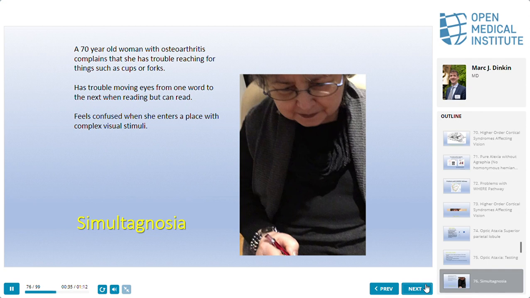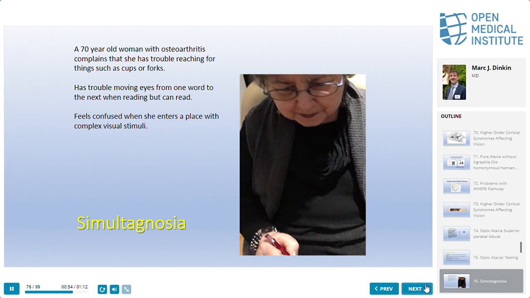Good. What do you see there besides the A's? There's a big H. I even said, ma'am, zoom out, and what do you see? Couldn't see it. She couldn't see the forest for the trees, right? She's seeing the trees, but not the forest. This is called simultagnosia. You can't simultaneously put all the features of the world together.